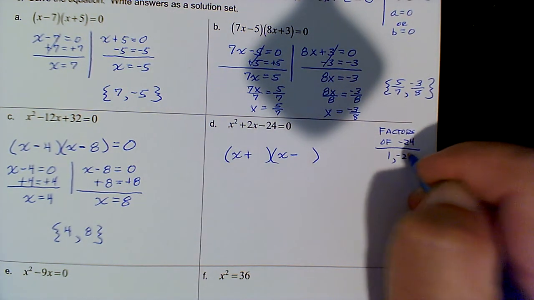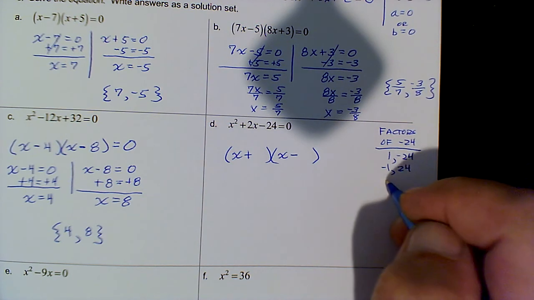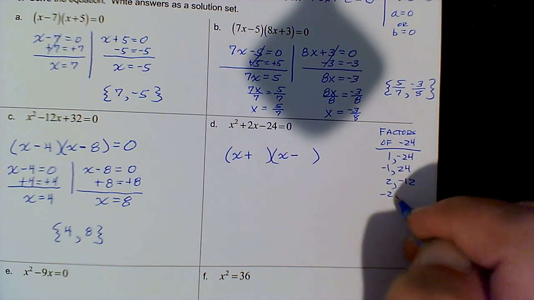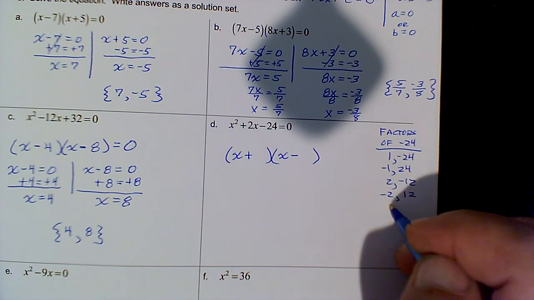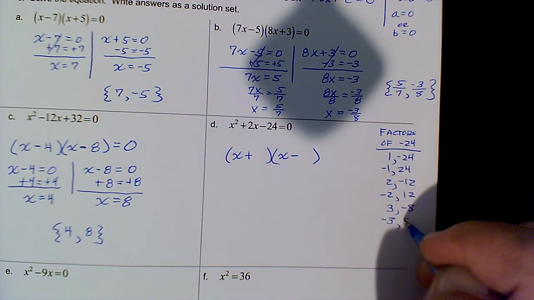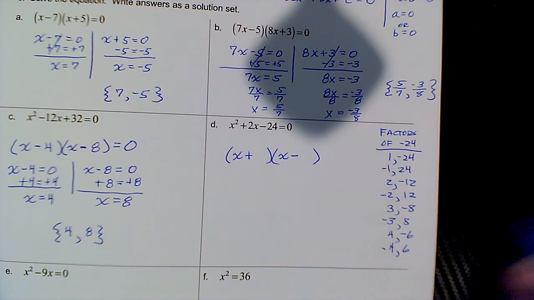But showing it literally here: 1 and negative 24, negative 1 and 24, 2 and negative 12, negative 2 and 12, 3 and negative 8, negative 3 and 8, and 4 and negative 6, negative 4 and 6. That's all the factors of 24.